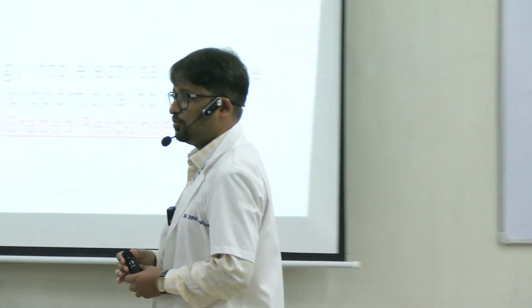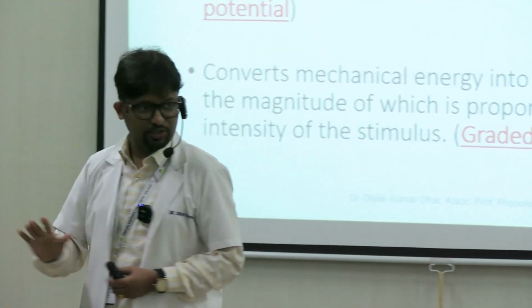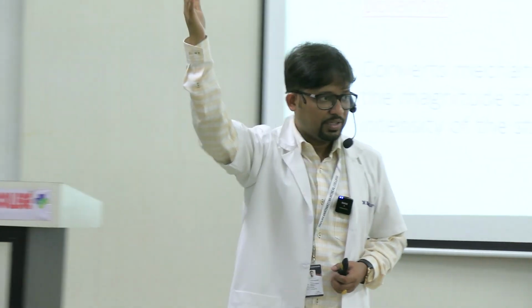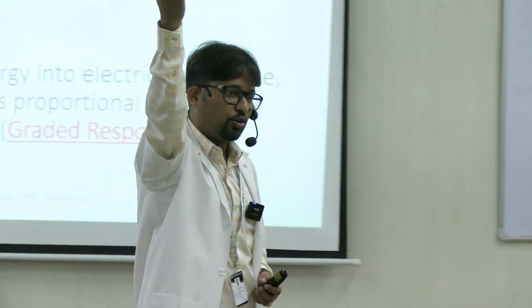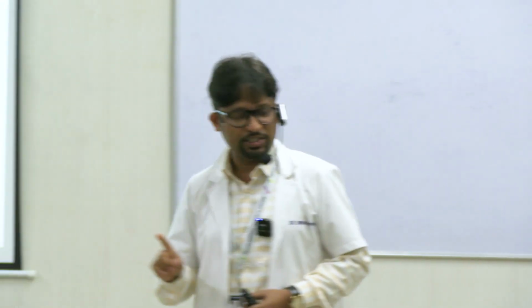Action potentials do not follow this gradation. Why? Action potentials follow the all or none law. If you give a sub-threshold stimulus, you get no response. If you give a threshold stimulus, you get maximum response. Even if you keep on increasing the strength of the stimulus, the response is already maximum and does not increase further. So clearly, there is no relationship between the strength of the stimulus and the response in case of an action potential.